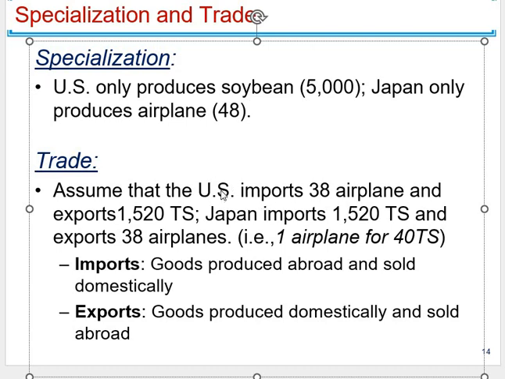So we say the US wants to end up with 38 airplanes. And both countries agreed to trade one airplane for 40 tons of soybeans. The TS here is short for tons of soybeans, just to make the notation shorter, okay? And let's see what happens from there.